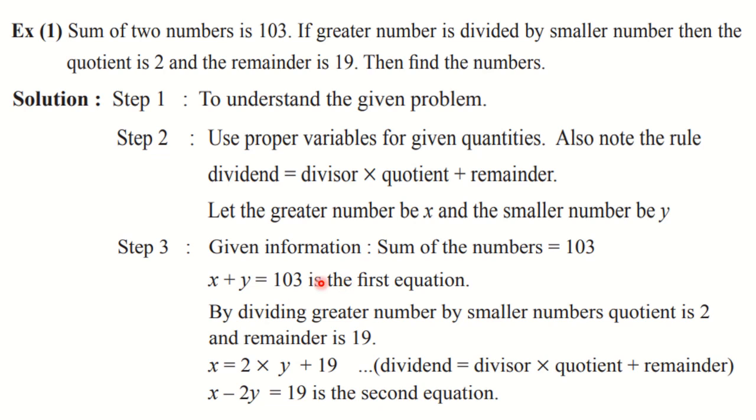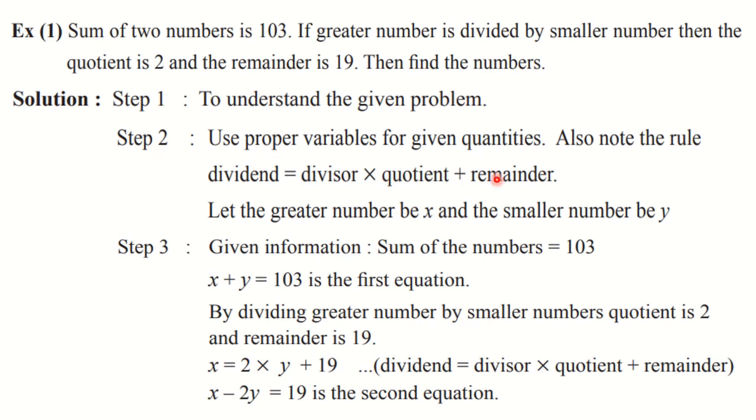Now, as I have said, the greater number is divided by the smaller number, then the quotient is 2 and the remainder is 19. So we have to make use of this formula. Dividend means the greater number, so that is x. Divisor is y. And quotient is 2. So divisor into quotient plus remainder is 19.